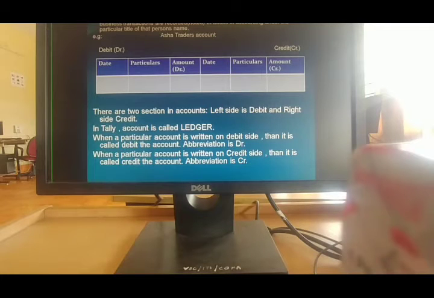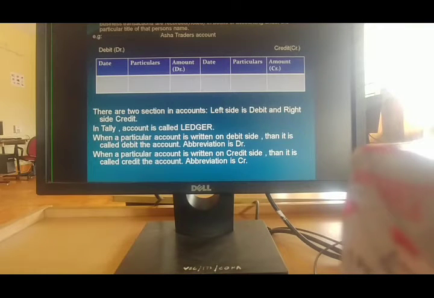Got it? Now you'll think, what is meant by debit and what is meant by credit? I'll give you one example. If you are working and getting salary, or if you have a bank account, you must be getting messages from the bank that, for example, rupees 5,000 debited from your balance, or rupees 5,000 credited to your account.